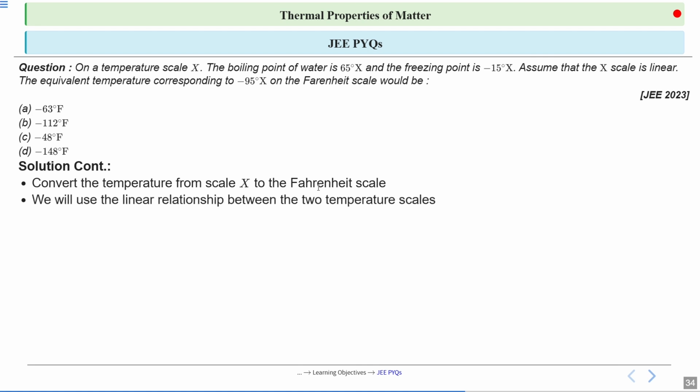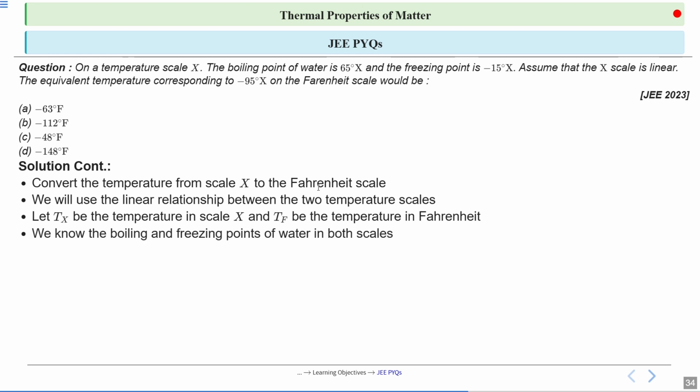So here to convert we will use the linear relationship between the scale X and the Fahrenheit scale. Let Tx be the temperature in scale X and Tf be the temperature in the Fahrenheit scale. The boiling point and freezing point of water in both scales we know.